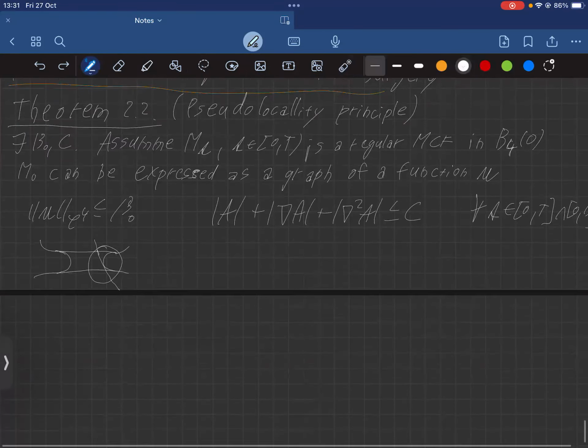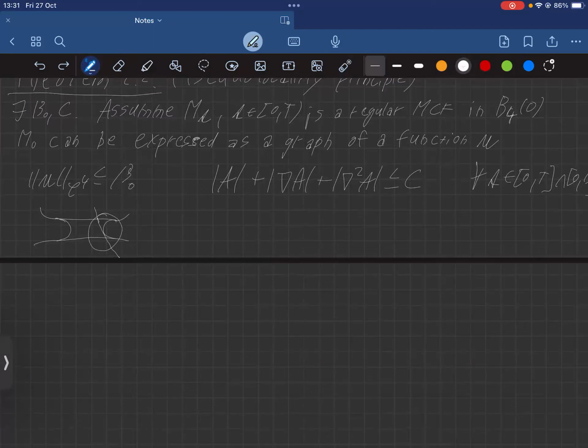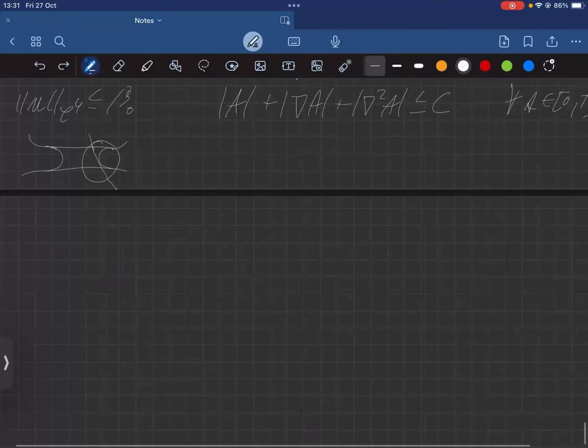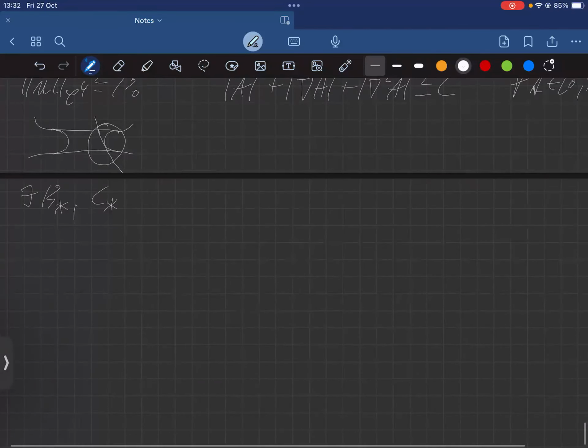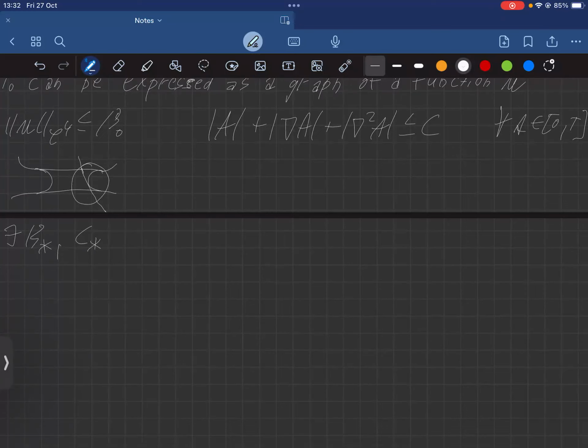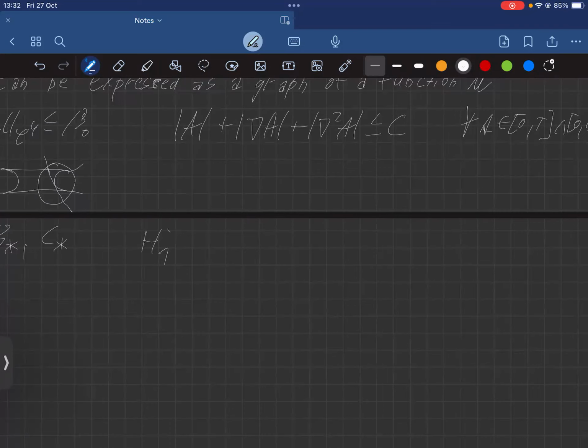And the pseudo-locality principle can be modified. I'm going to quickly write the modified version for rescaling. There exist beta star and C star with similar conditions as before, but the estimate is going to look a bit different.